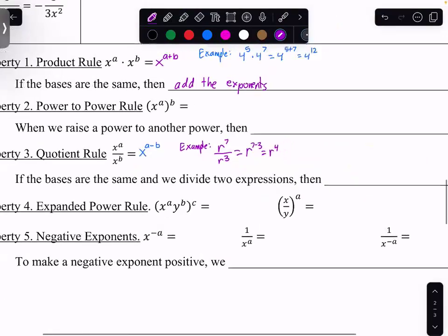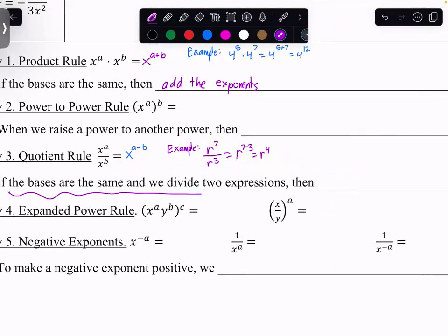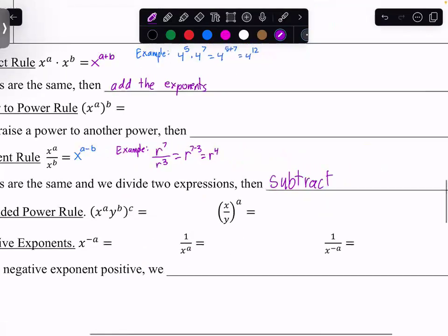Okay, and so in words, if the bases are the same and we divide two expressions, then we subtract the exponents.